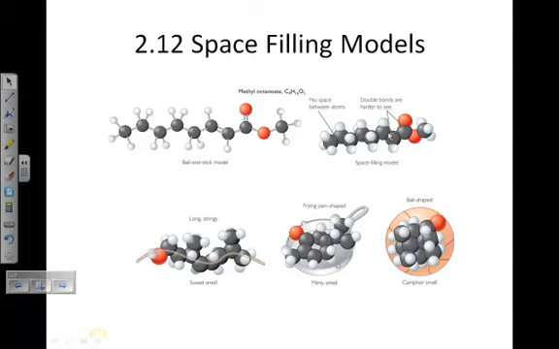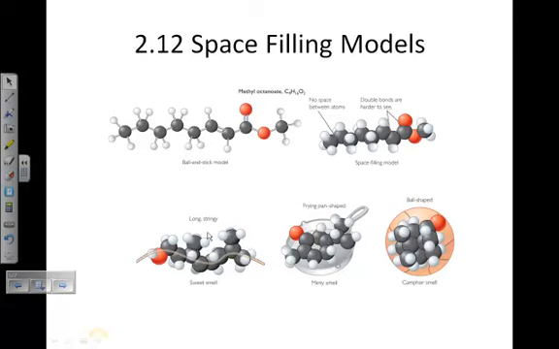However, it can provide us a better feel for what the shape is and how that might give us some further information about the behavior of the molecule. You can see here in this space-filling model that it looks long and stringy. This one looks like a fry pan with a handle, and this one seems to be all balled up, so we call it ball-shaped.